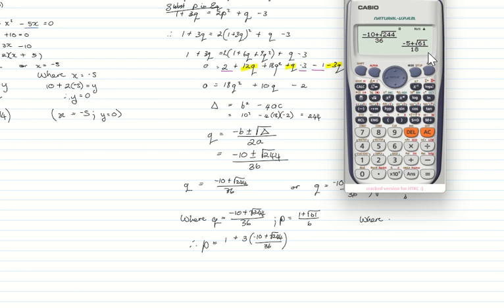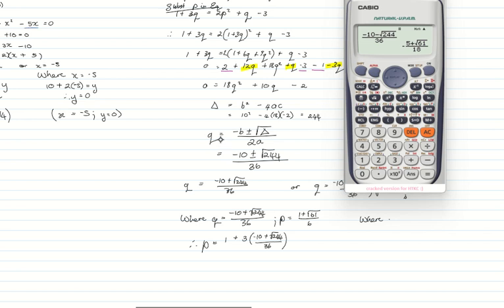And that's your simplest surd form there. The other one is probably going to be positive 5. That's the simplest surd form. So it's a negative and a positive of those answers.